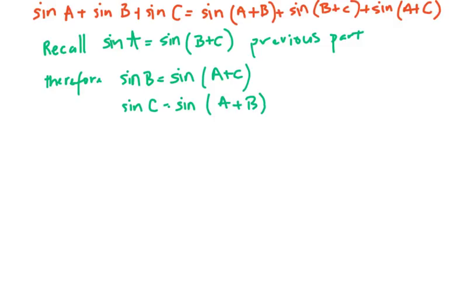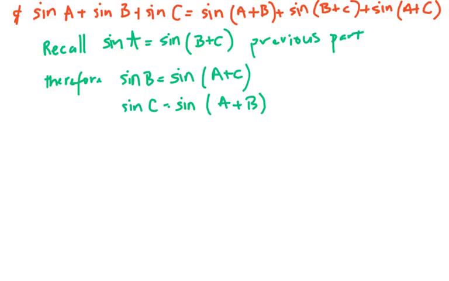So if I substitute sine of A is equal to sine of B plus C, sine of B is equal to sine of A plus C, and sine of C is equal to sine of A plus B into my original equation here, I should get my right-hand side.